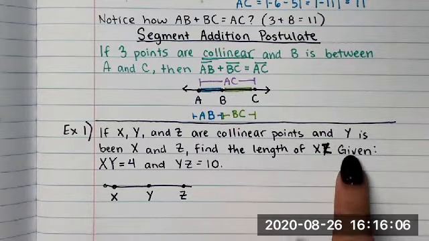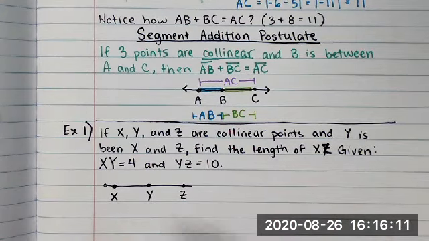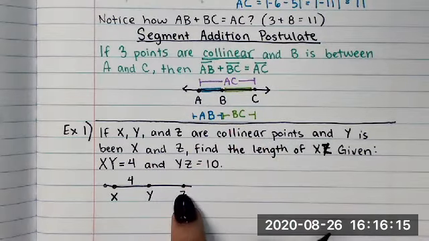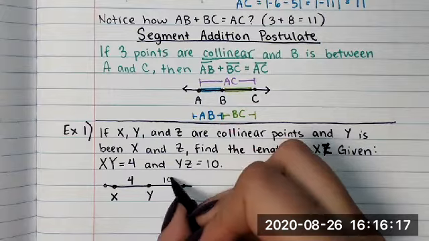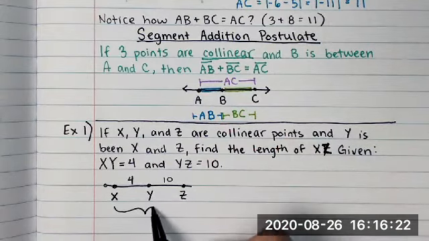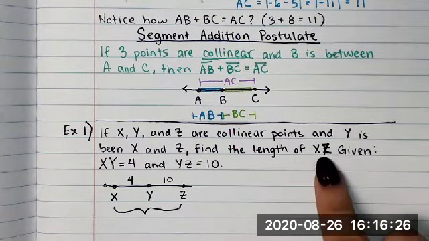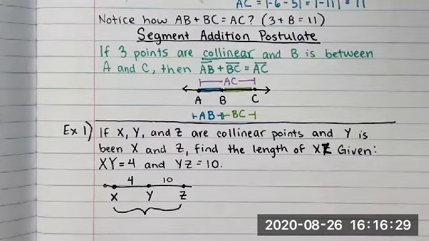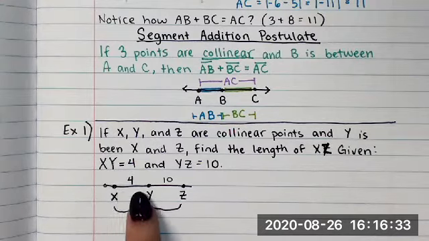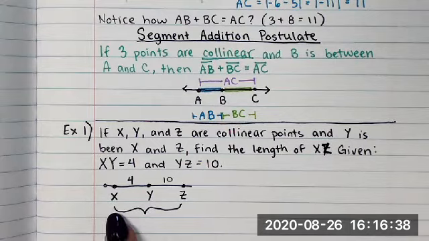Then I know that I'm given XY equals 4, so I can label 4. And YZ equals 10, so I can put a label of 10 there. And it's wanting me to find the length from X to Z. Now, based on our postulate, one piece plus the other piece will give us the length of the two pieces put together, literally.